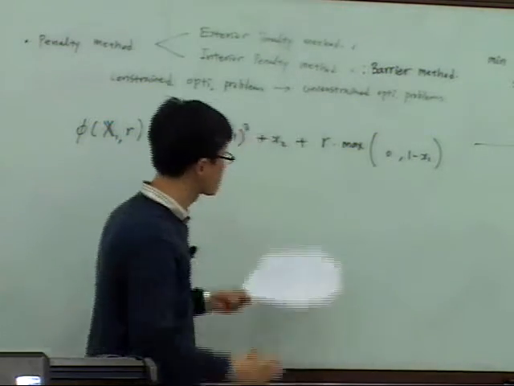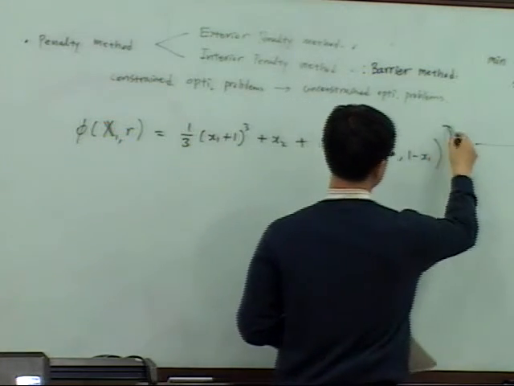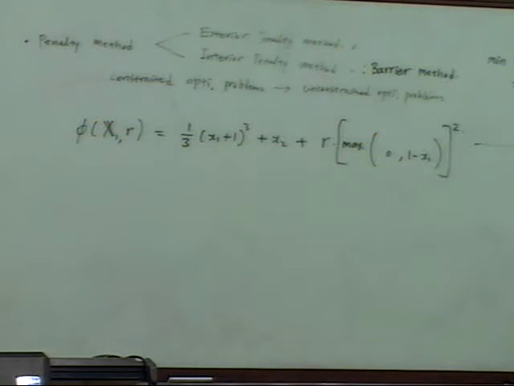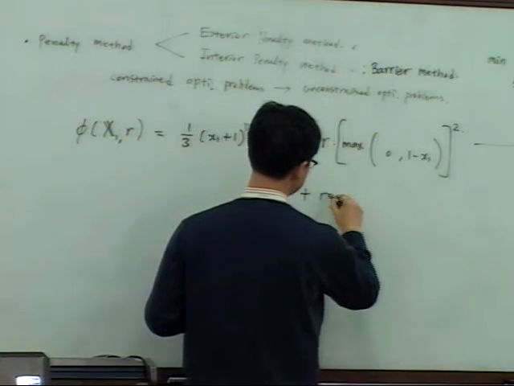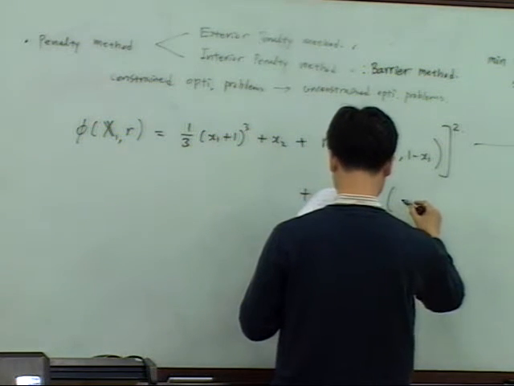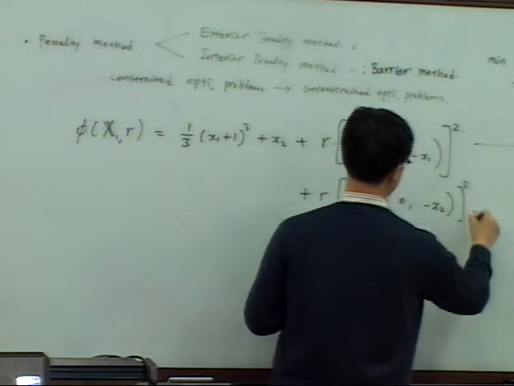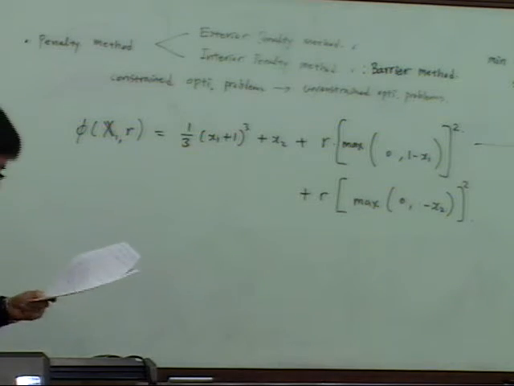And for this problem, let's take 2 for this Q value. So I'd like to have this nice, smooth, and quadratic shape out of this penalty. And for the second penalty, let's, okay, that's our new p function.